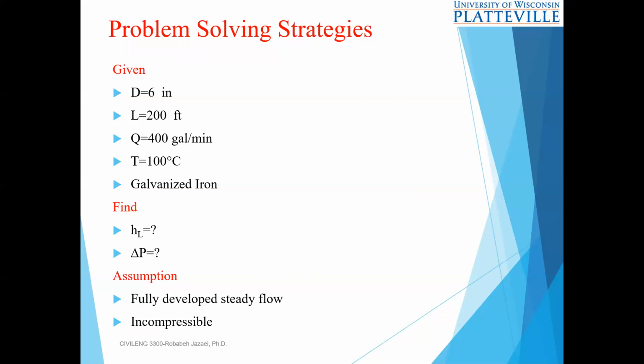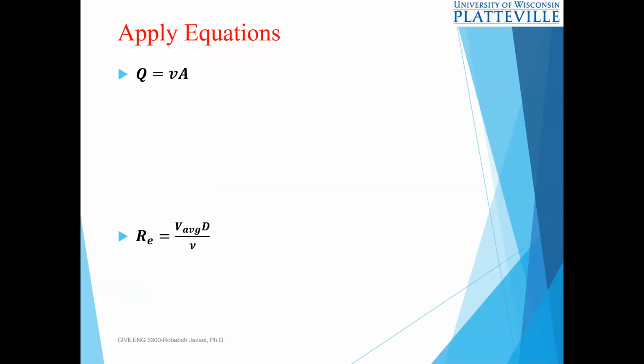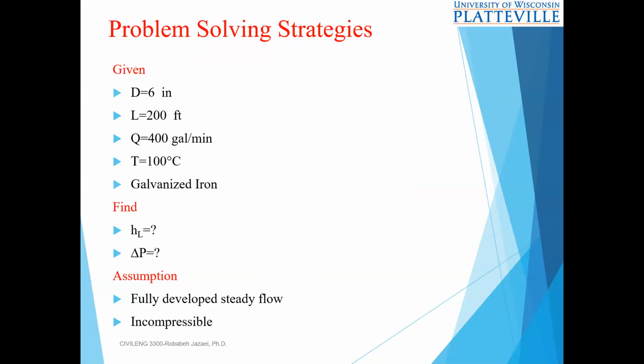So the diameter is given, 6-inch diameter. Make sure you convert inch to feet. So 6/12 feet. The length is given. The flow is given in gallons per minute. We need to convert it to cubic feet per second.